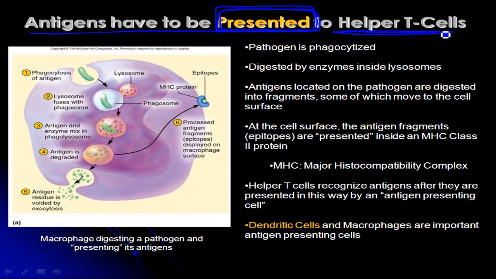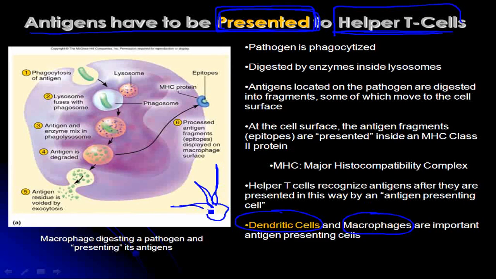Okay, so who winds up presenting these antigens to helper T cells the first time they see them? The cells that do that are called antigen-presenting cells, and those include dendritic cells and macrophages, two very important antigen-presenting cells. Remember, we talked about dendritic cells before, the ones that have all these little appendages extending off of the main body of the cell, and you have those embedded in your skin and your mucous membranes.